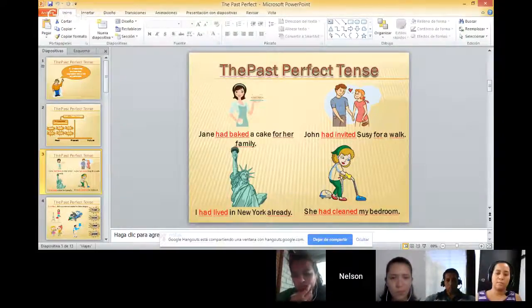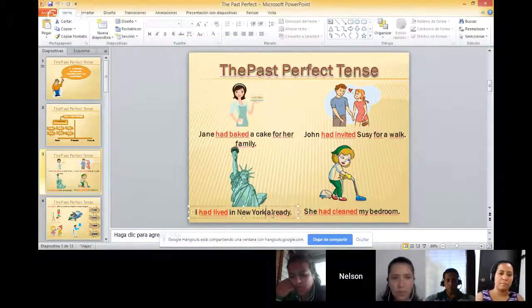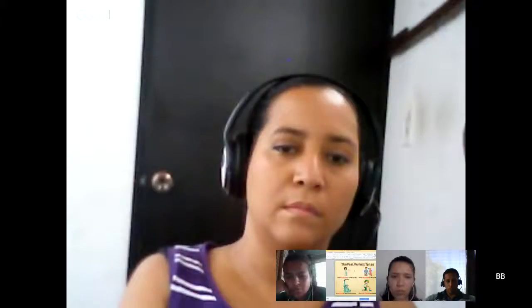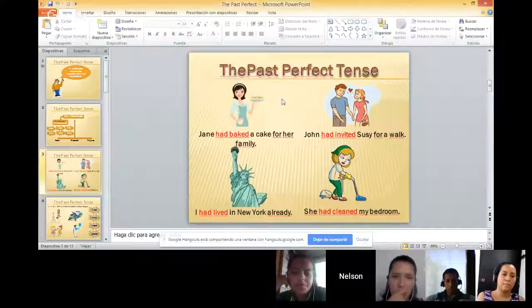Okay, so I need you to copy this from me. The word already indicates like if you are going to do the same action over again. So already is a very important word in the past perfect tense, such as for, already, since, yet.